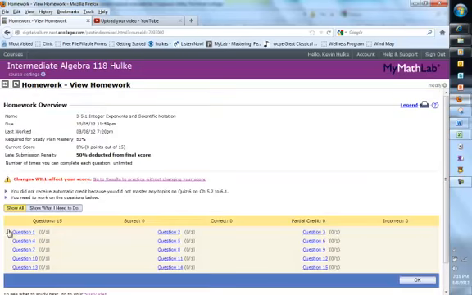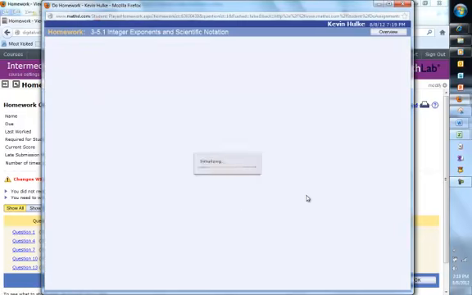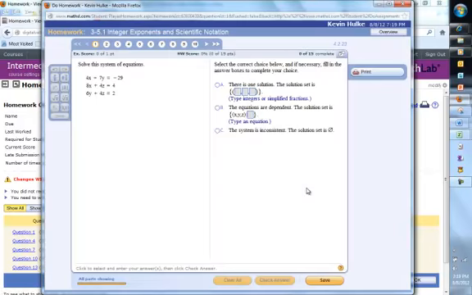The first thing we're going to do is integer exponents in scientific notation. Solve this system of equations. So we've got a little review from last time. Let's enter that in our calculator. In this case, mode 5, and it's going to be of the 2.